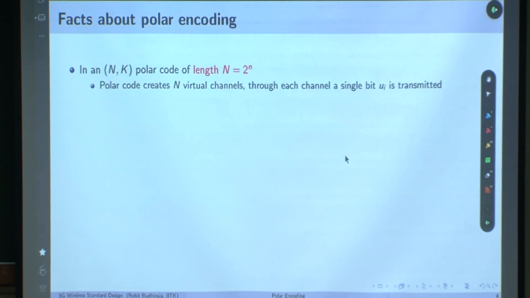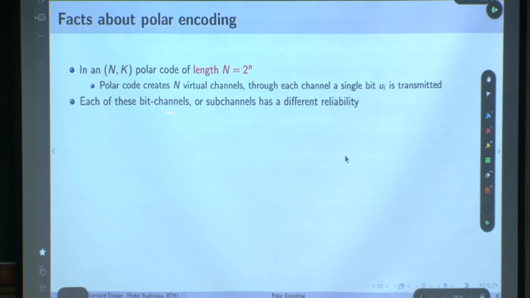Each of these bit channels, there are N of them, has a different reliability when it goes through the actual channel, where the noise gets added. So the encoder has artificially created N different channels, and each of these channels has a different reliability.